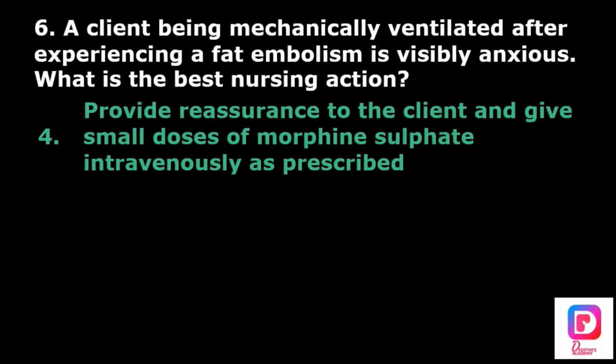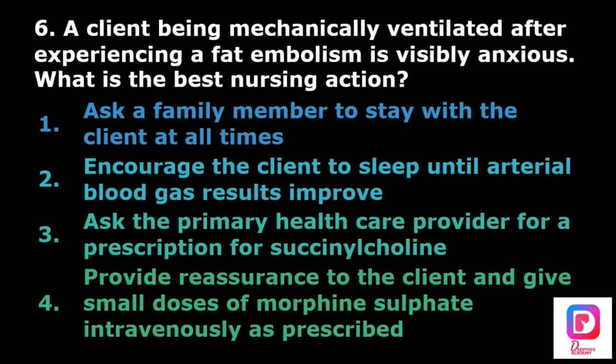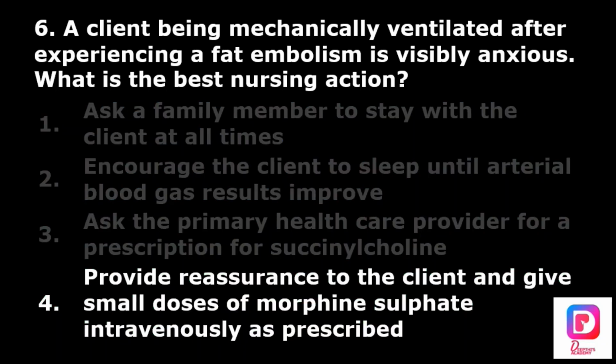Provide reassurance to the client and give small doses of morphine sulfate intravenously as prescribed. Morphine sulfate often is prescribed for pain and anxiety in the client receiving mechanical ventilation. Hence, an anxious patient who is mechanically ventilated should be provided with morphine sulfate intravenously. So, our answer is the fourth one.